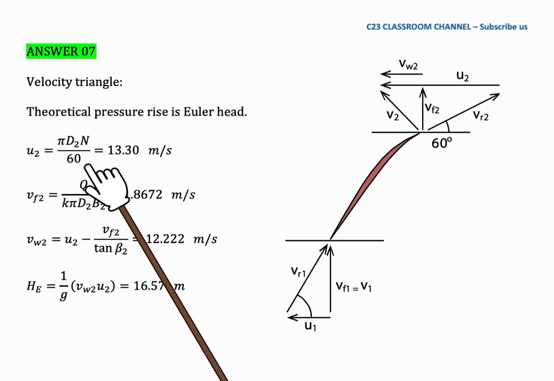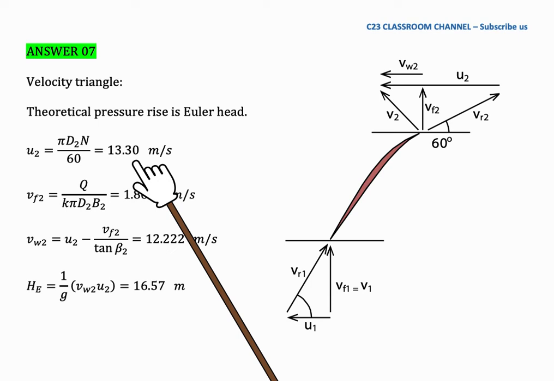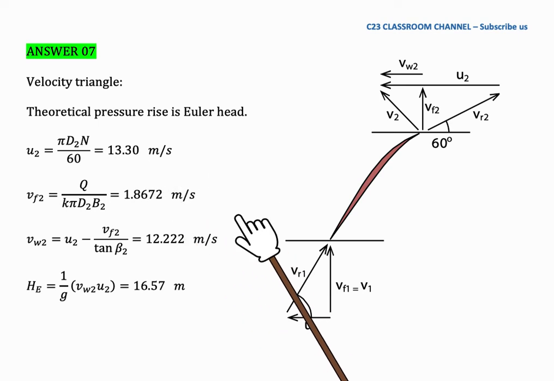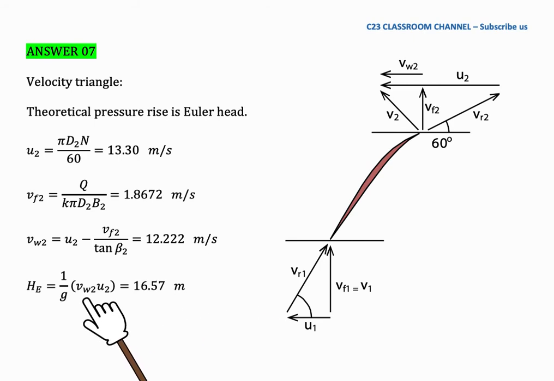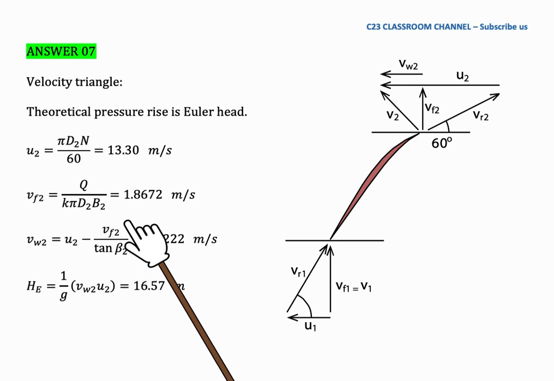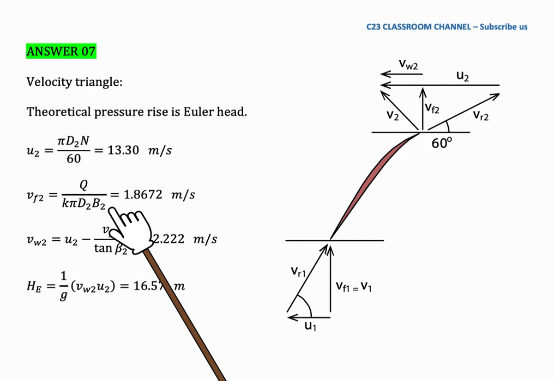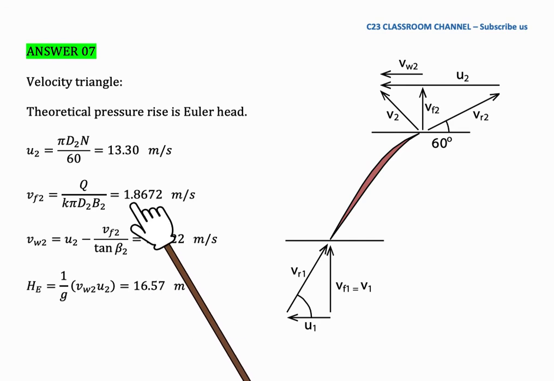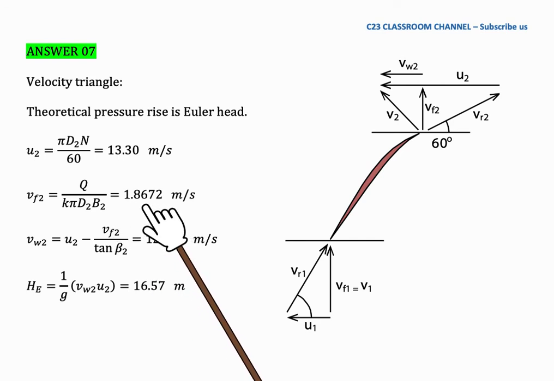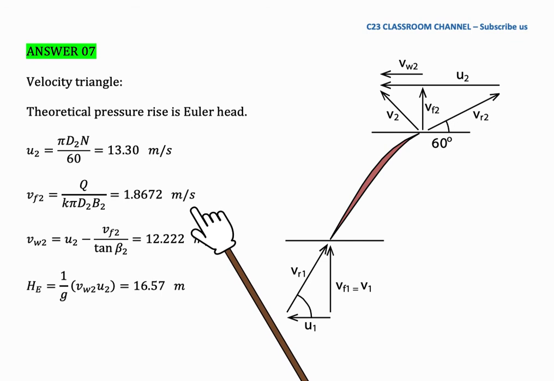We substitute all the values, we get U2 equal to 13.3 meters per second. And then to calculate V2 here, we could use this equation. To solve this equation, we should know the value of VF2. VF2 can be calculated by using this equation, and we get it is equal to 1.8672 meters per second.